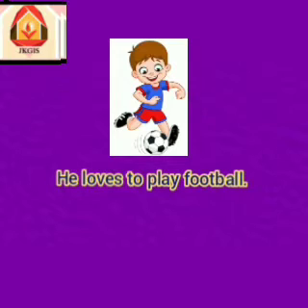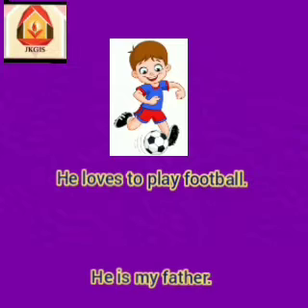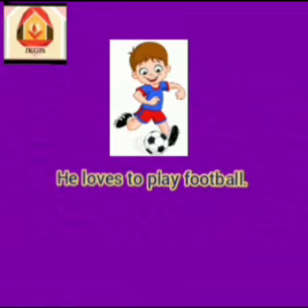Do you know, when there is one boy or one man, then we use the pronoun he in place of a noun. For example, he is my father. He is a clown. Here, he is a pronoun that is used in the naming part of the sentence.